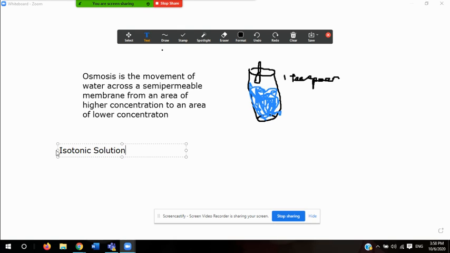An isotonic solution in a cell has the same concentration of dissolved particles as the cell.